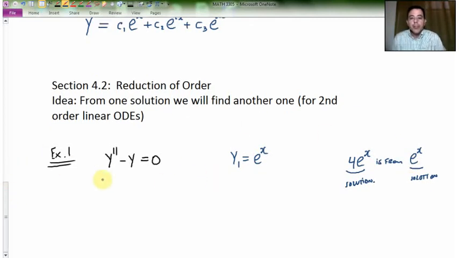But the goal here is to find, so I forgot to say here, another one that is linearly independent from the first one.